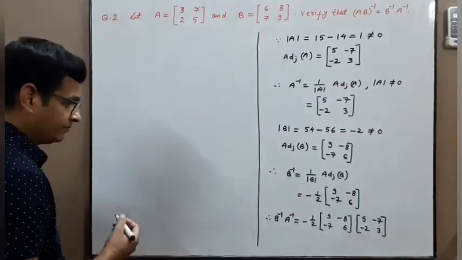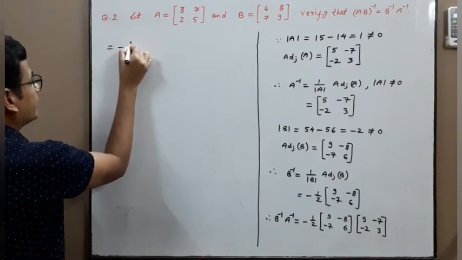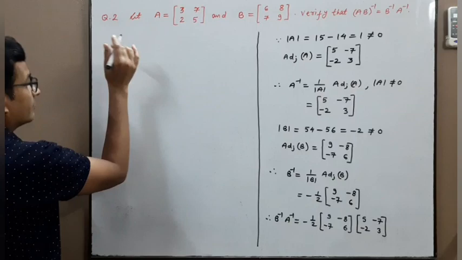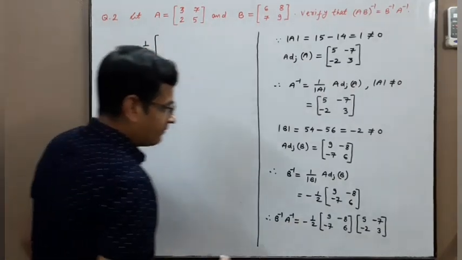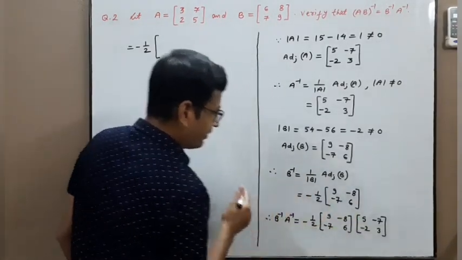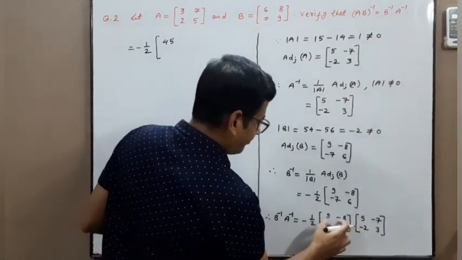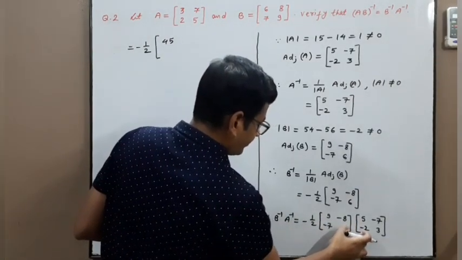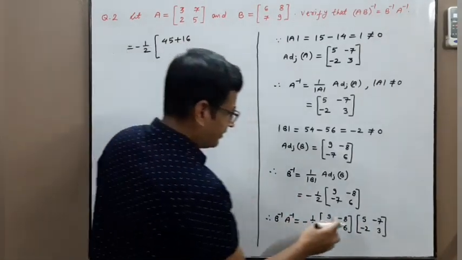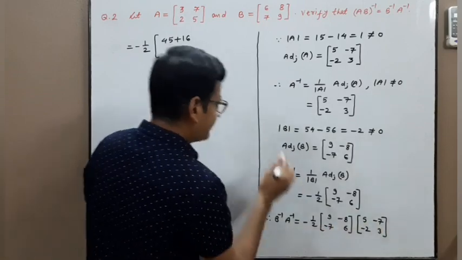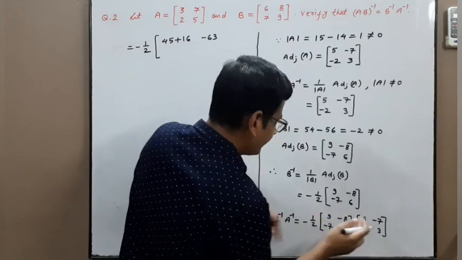So next step is equal to minus 1 by 2. Now multiply row by column. 9 into 5 is 45 and minus 8 into minus 2 is 16. So 45 plus 16, then 9 into minus 7 is minus 63 and minus 8 into 3 is minus 24.